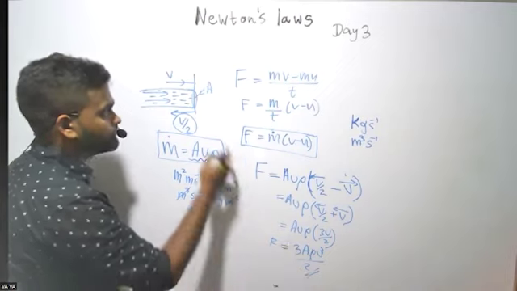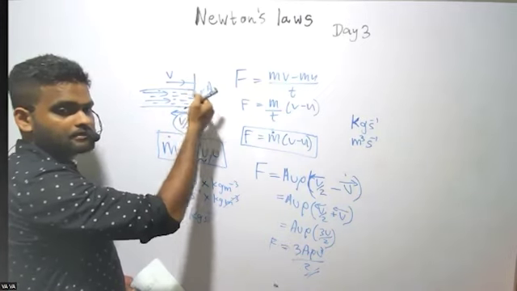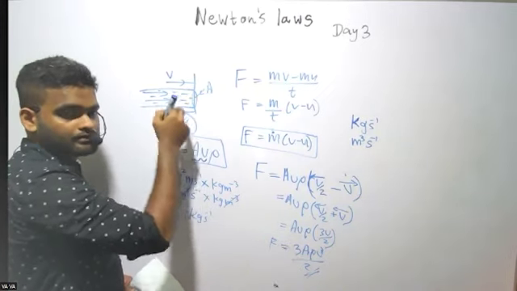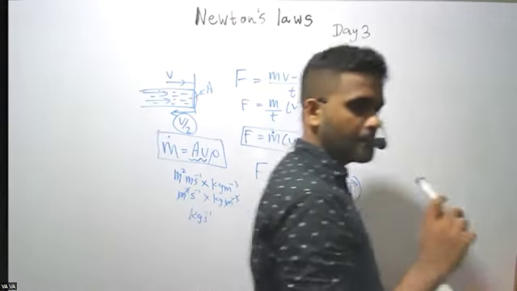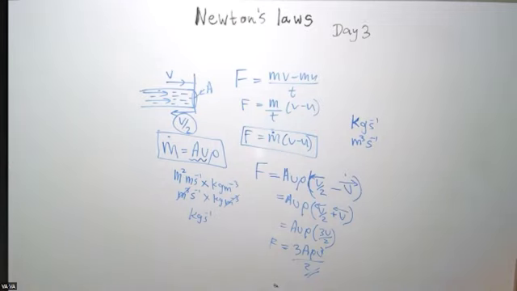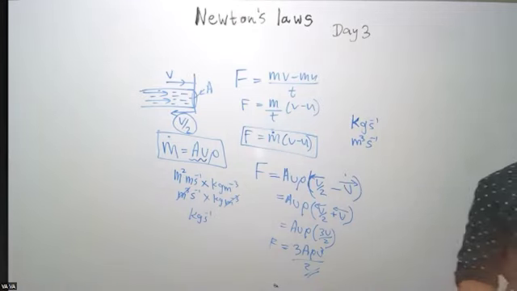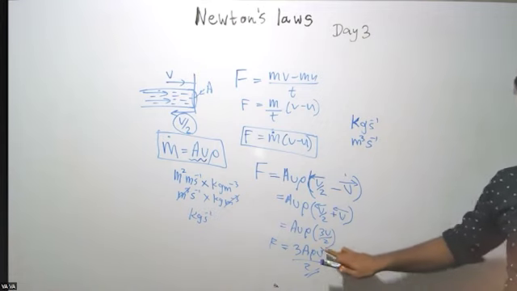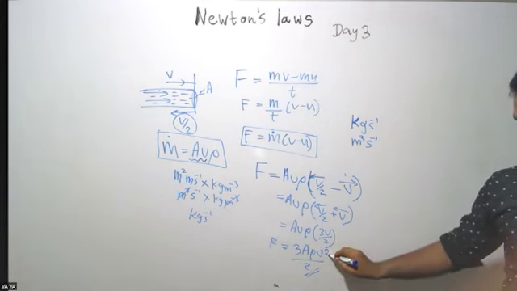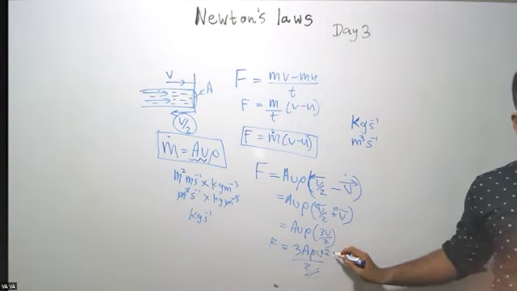So this is the force applied by the wall on the fluid due to collision. Got it? You can take it down. This gets squared, right? 3 A rho V squared divided by 2.